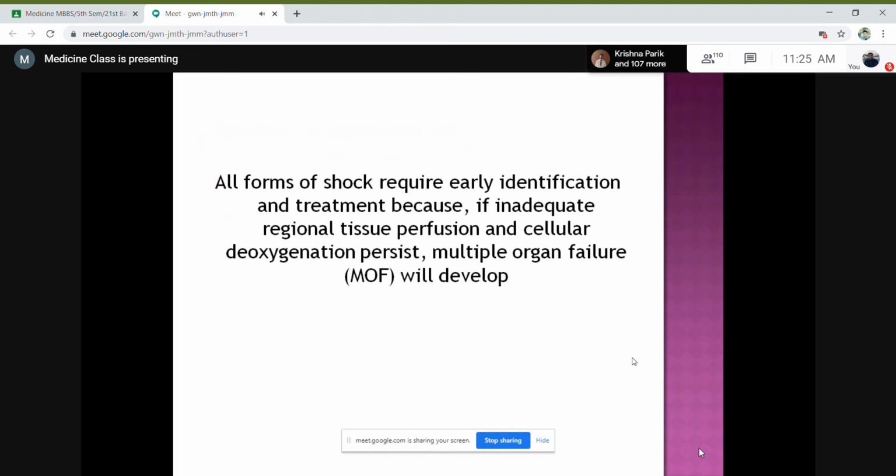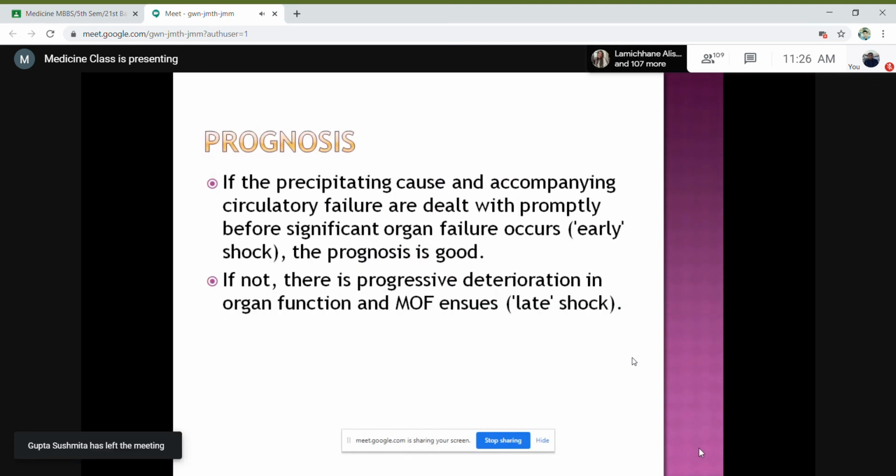And all forms of shock require early identification and treatment of the condition, because if inadequate regional tissue perfusion occurs and if the tissue deoxygenation persists, they land up in multi-organ failure. So the prognosis, if the precipitating cause and accompanying circulatory failure are dealt with properly before significant organ failure occurs, is good.